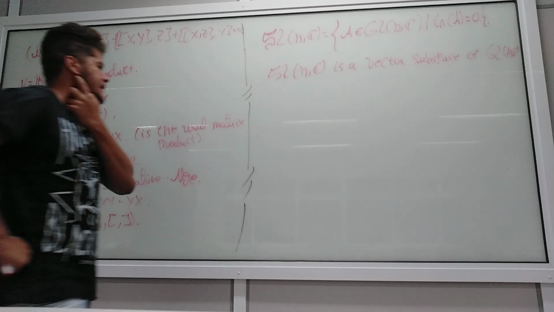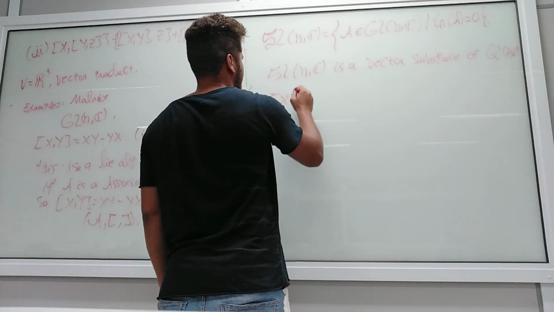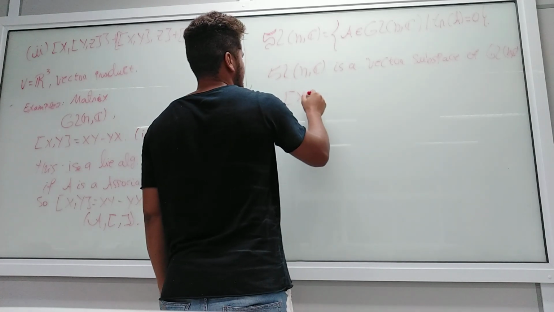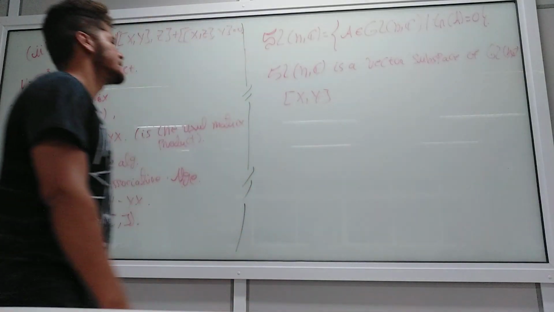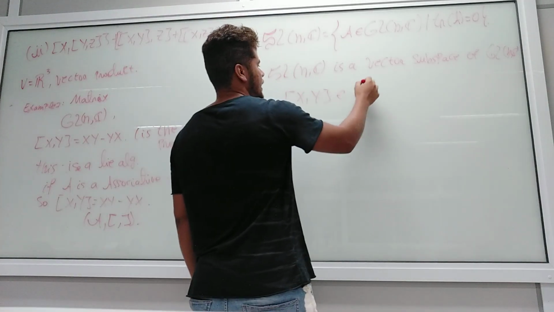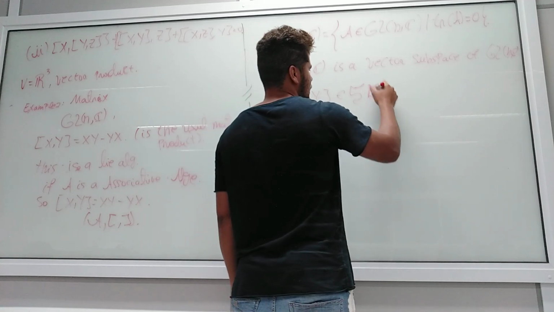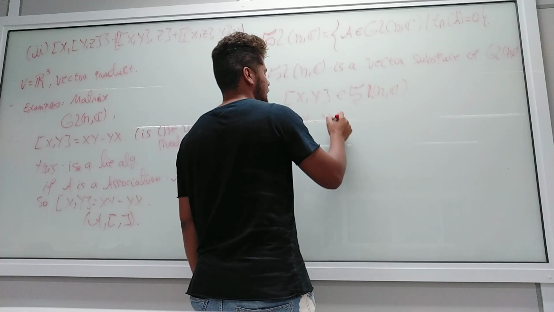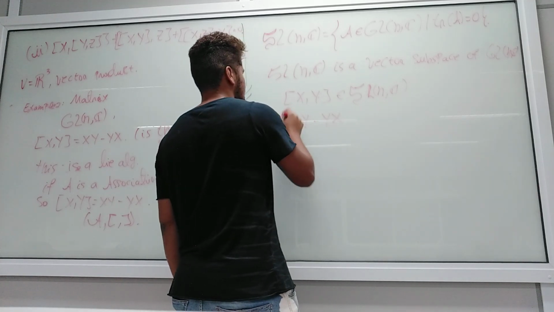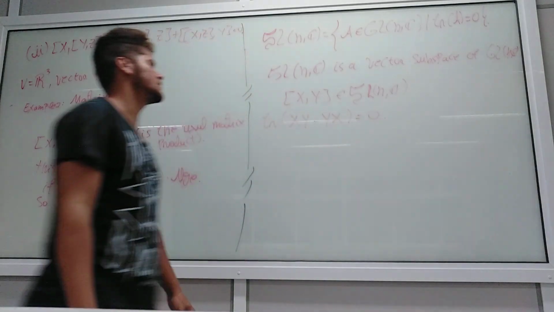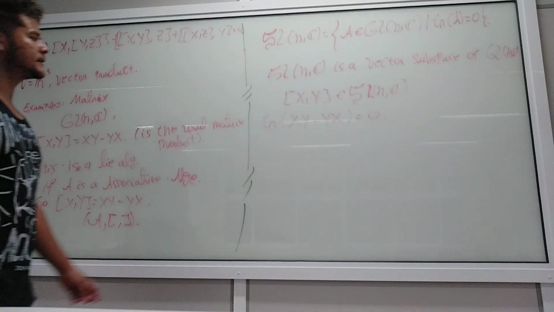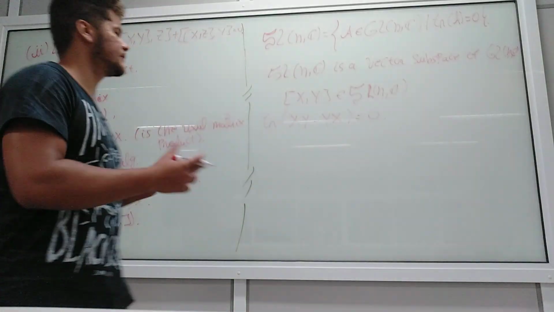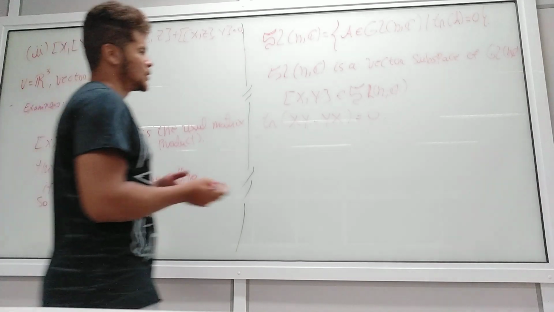But to verify that x bracket y is in SLn, you need to prove that x times y minus y times x has trace equal to 0. It's not too difficult to see, but you have to make some computations to conclude it.